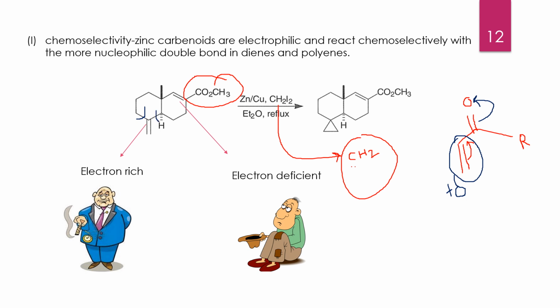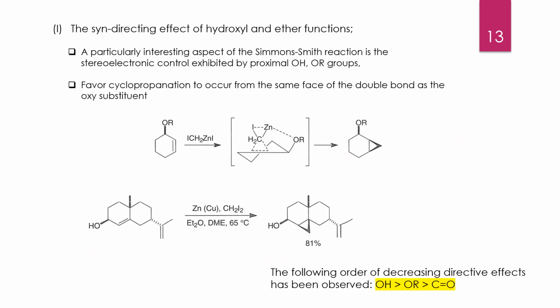Due to this inductive effect, this double bond is comparatively electron rich. So this carbene will selectively react with this double bond, giving a cyclopropane ring here, not here. Understood everyone? That is why it is chosen, because it is electron rich.